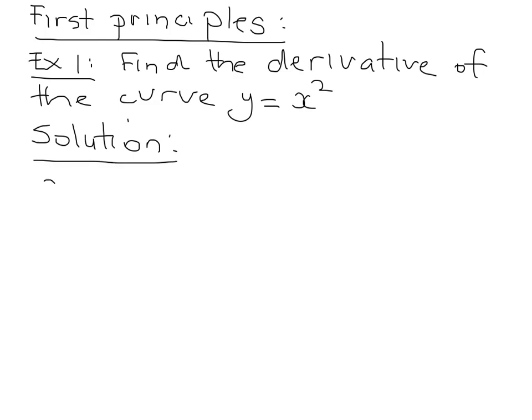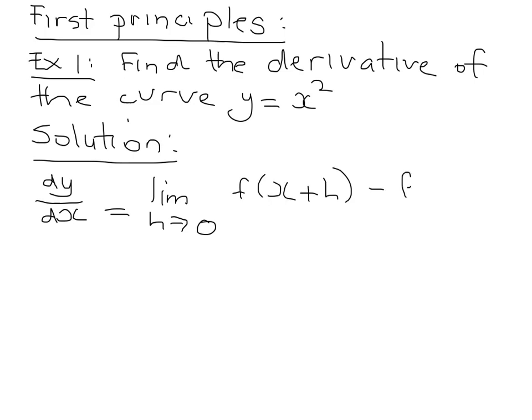The formula is dy/dx, the change in y over the change in x, which is the gradient, equals the limit as h approaches 0 of f(x plus h) minus f(x) all over h.